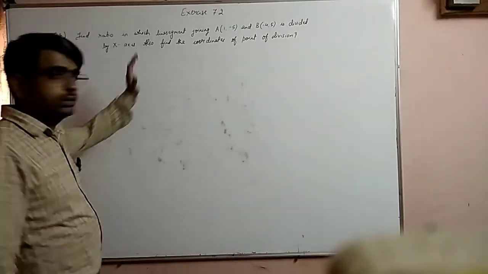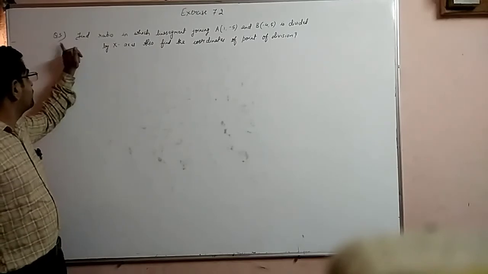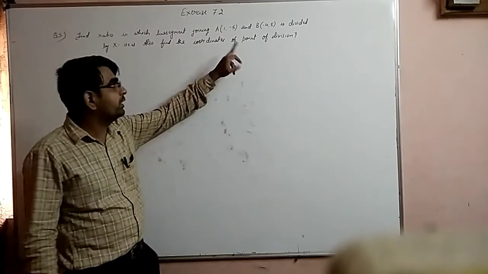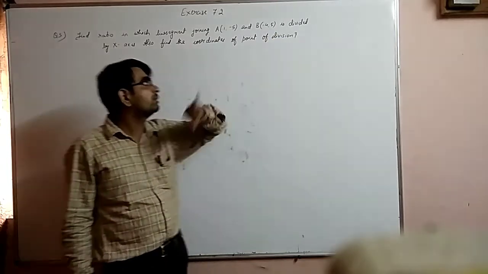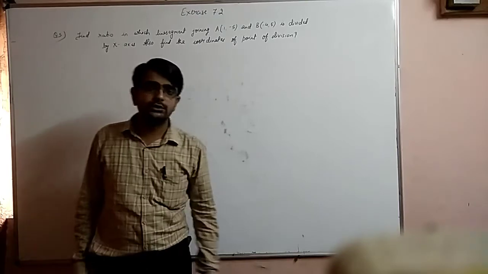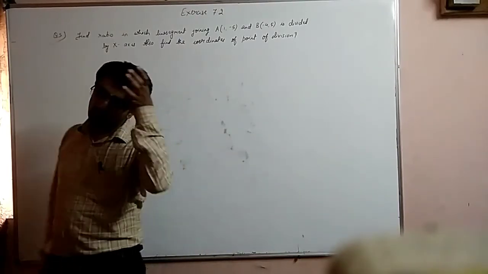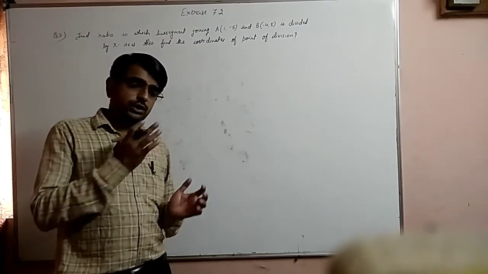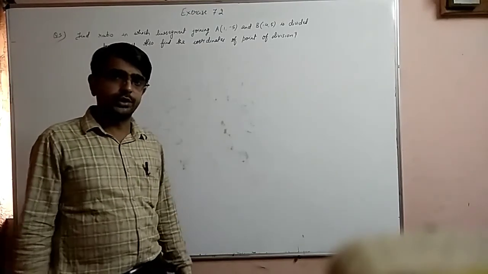Okay, now exercise 7.2, question number 5. Find the ratio in which the line segment joining A (1, minus 5) and B (minus 4, 5) is divided by the x-axis. Also find the coordinates of the point of division. So in this question we have to find the ratio as well as the coordinates.